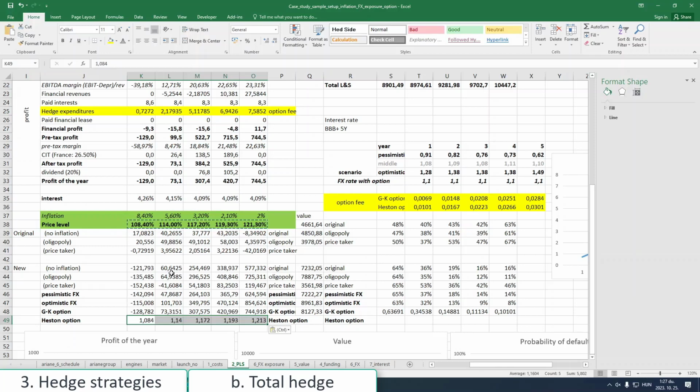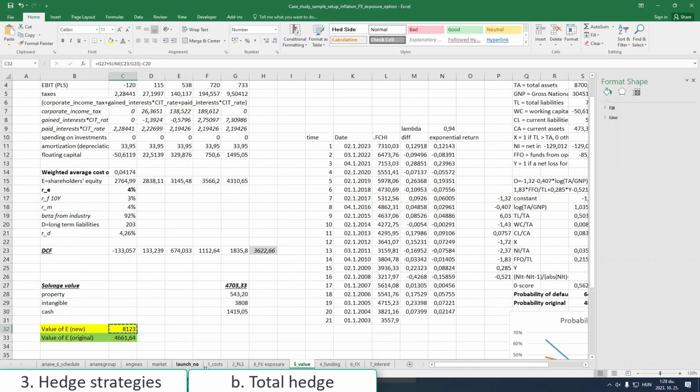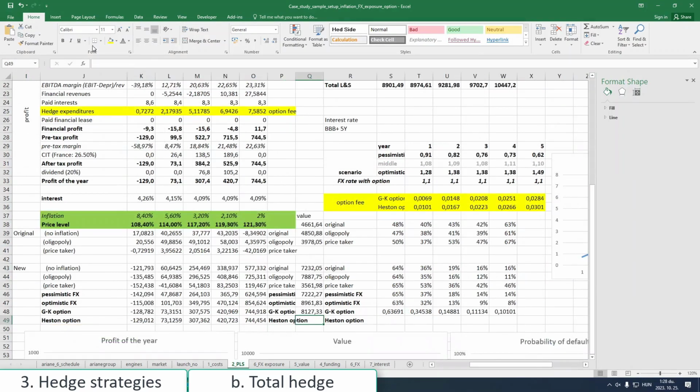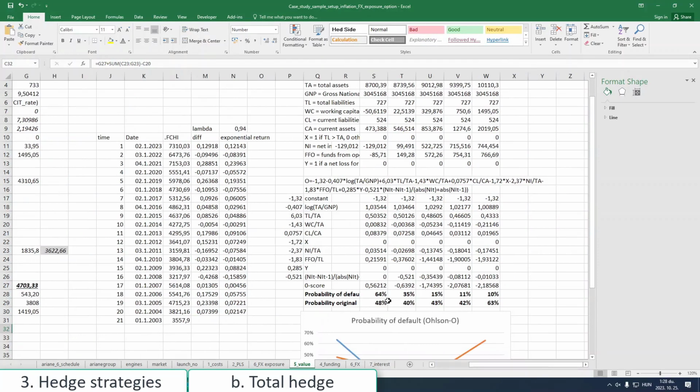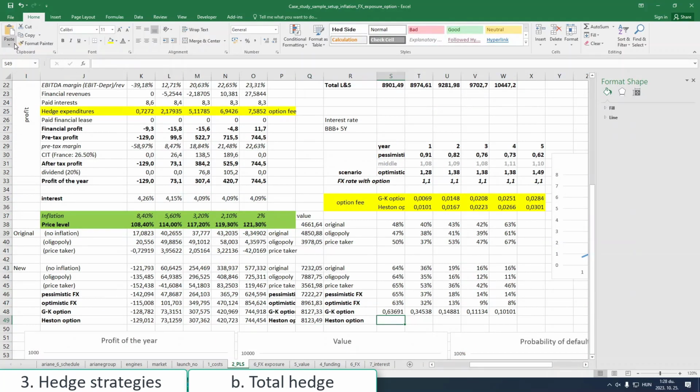unwanted risks. What I'm doing here, I should copy this one. So much better than with the Garman-Kohlhagen. Okay, this is percentage.